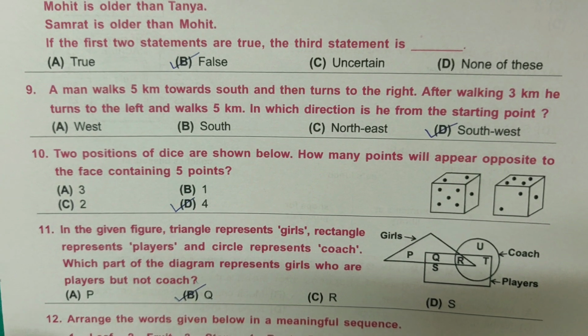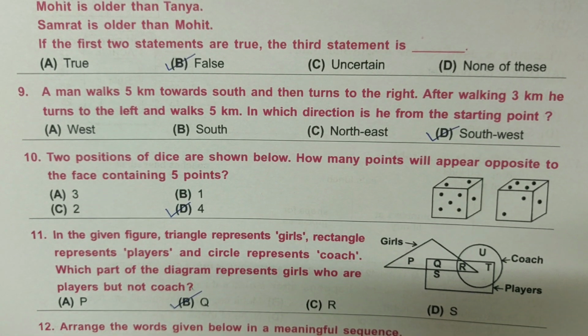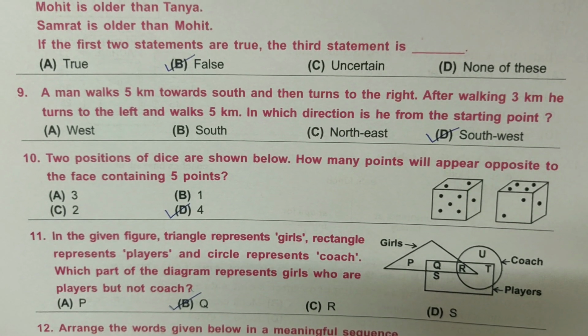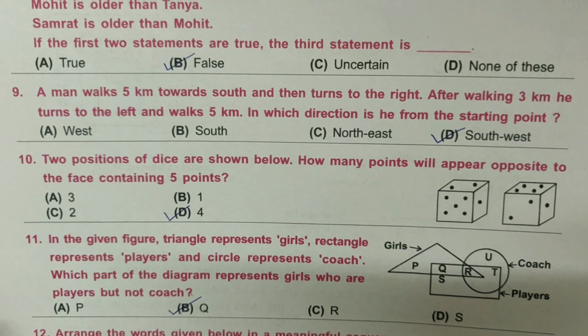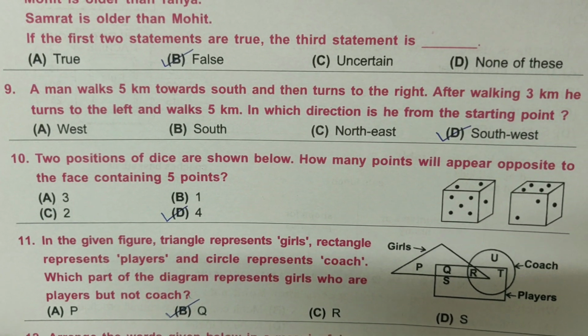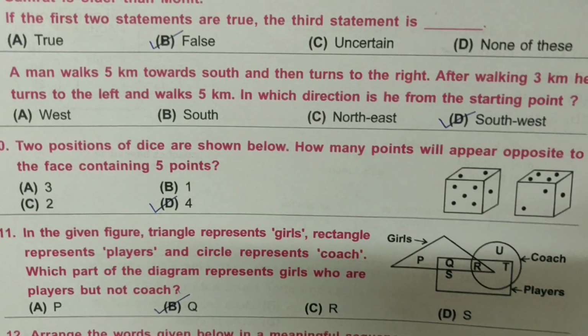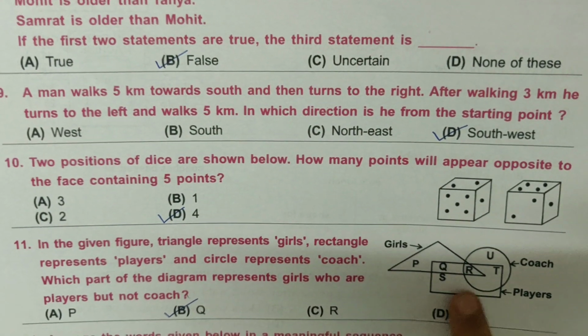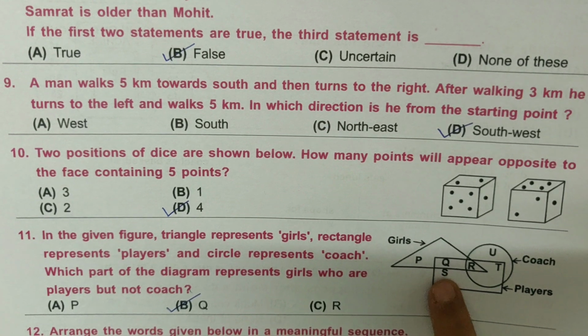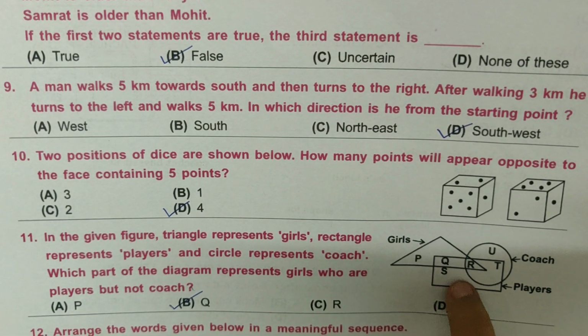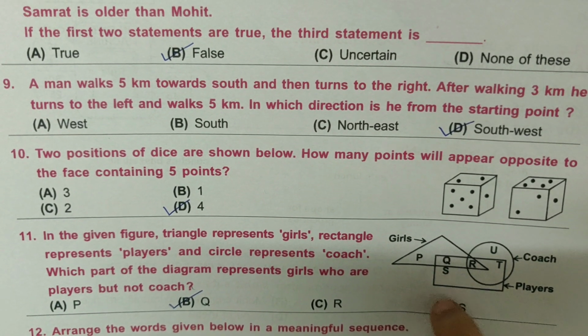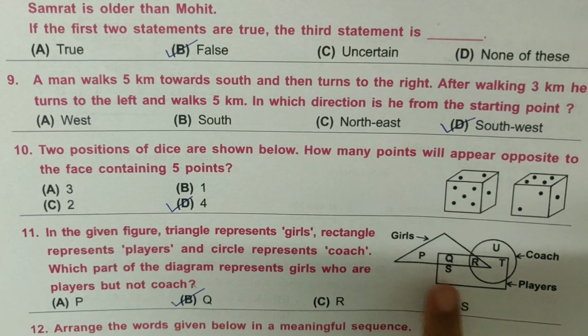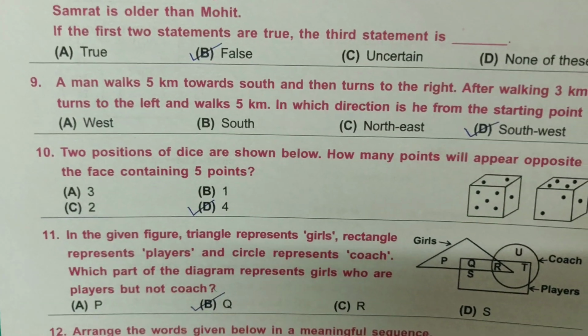Which part of the diagram represents girls who are players but not coach? Q. It's simple because these are just girls and this is player, and so this Q comes in this player circle, rectangle. So it's Q and it's B.